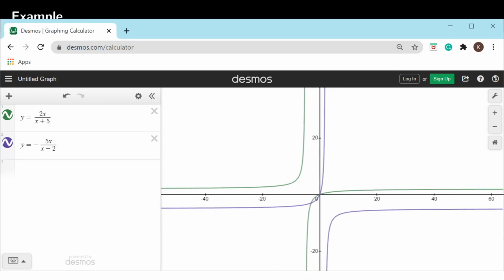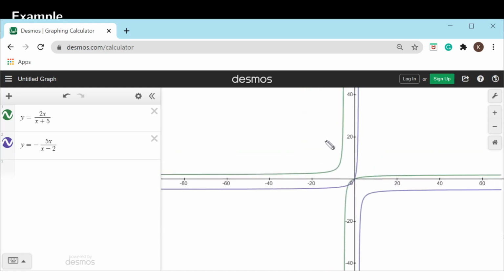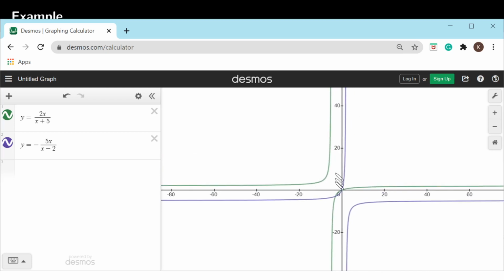Okay. So, this is now the graph of the inverse. So, itong green, ito yung graph ng function. Itong purple, ito yung graph ng inverse. Now, do you notice something about the graph of a function and the graph of its inverse? So, right, they are actually mirror images of each other. Pero ano yung line of symmetry natin?